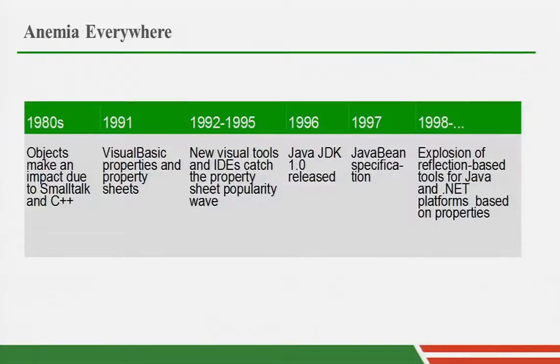And then by 96, the Java community started asking, how in the world can we capture the same kind of community interest, the power behind Visual Basic, and make Java work a lot that way? Oh, we got an idea. It's called the Java Bean Spec. Yeah, we can allow UIs to be assembled really quickly.